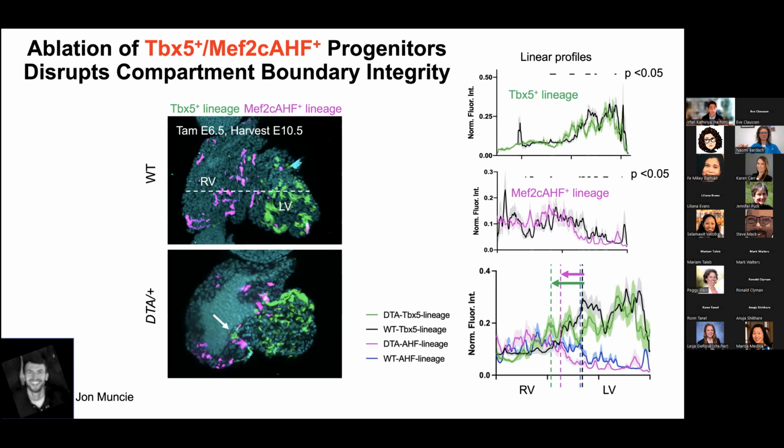And so this represents lineage mixing. It's this idea that basically these cells are not segregating when you ablate these cells, and there's mixing. So we think this is really good evidence that these double positive cells are marking a compartment boundary in the interventricular septum, and that they're required for this compartment boundary.